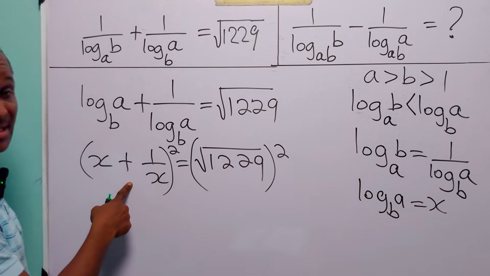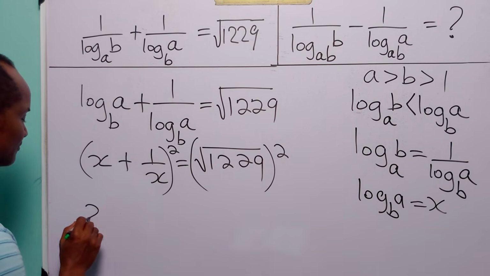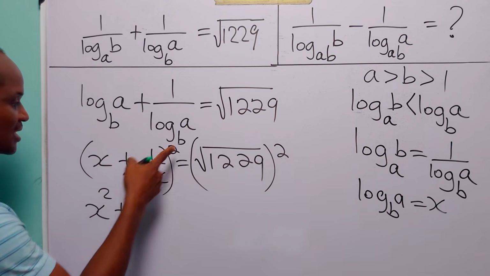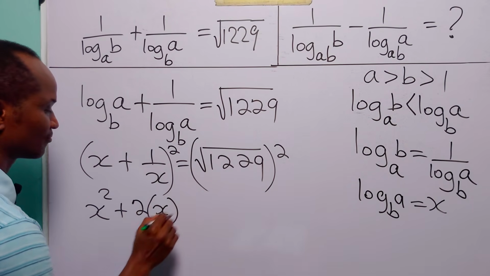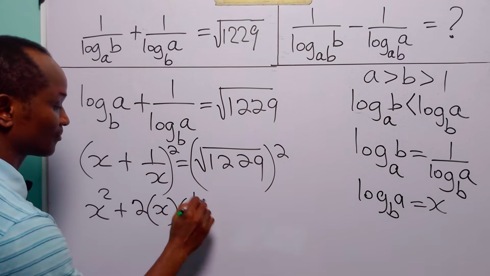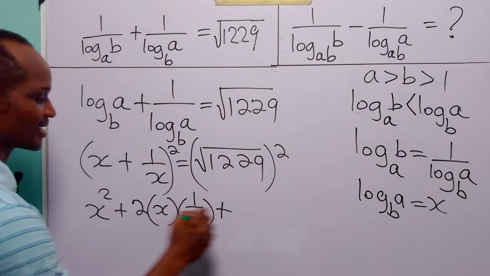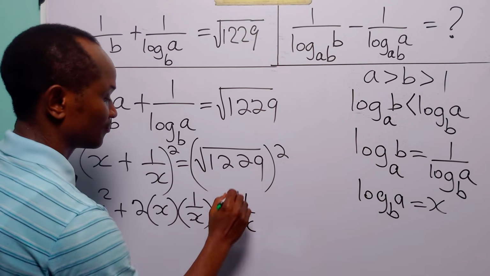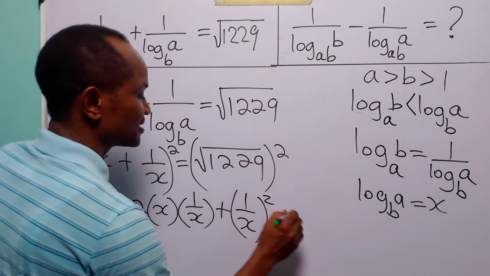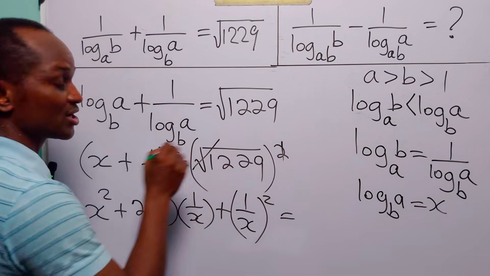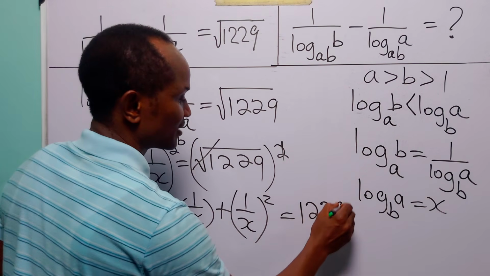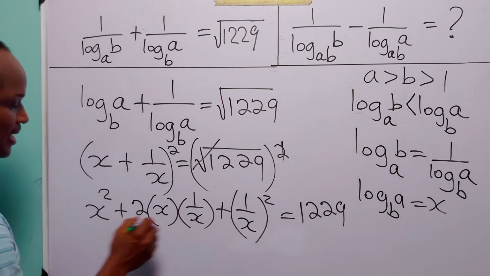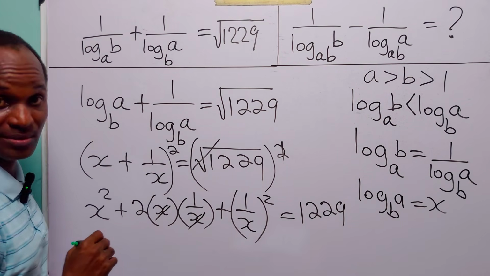Now, what we are going to do is square both sides of this equation. On the left-hand side, we have x squared plus 2 times x times 1 over x plus 1 over x squared. And this is equal to, of course, this is going to take care of the square root, leaving us with 1229. Now, x is going to cancel x.